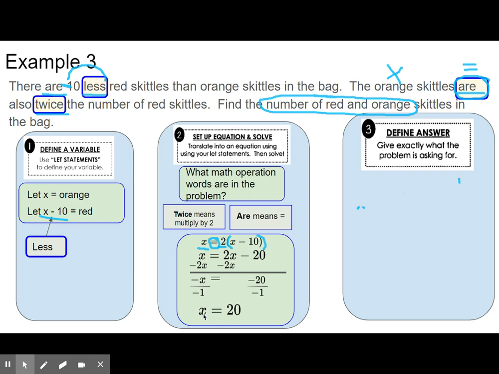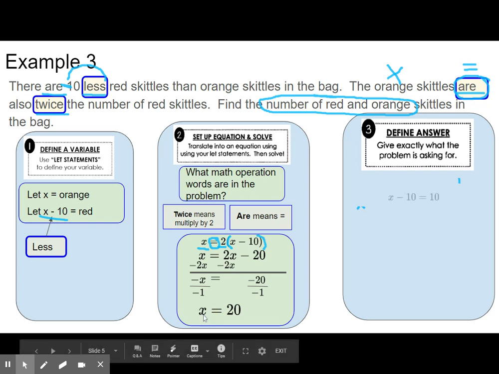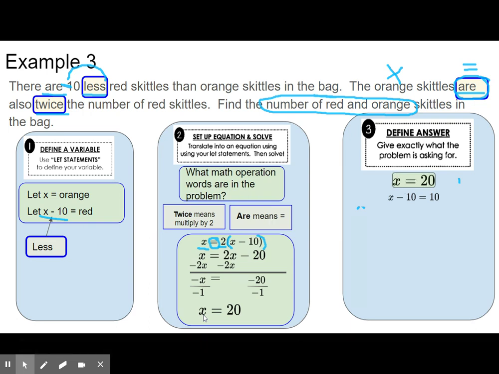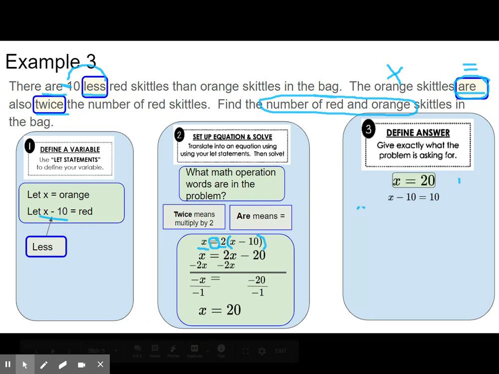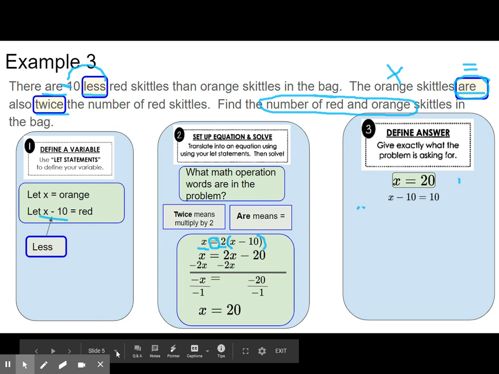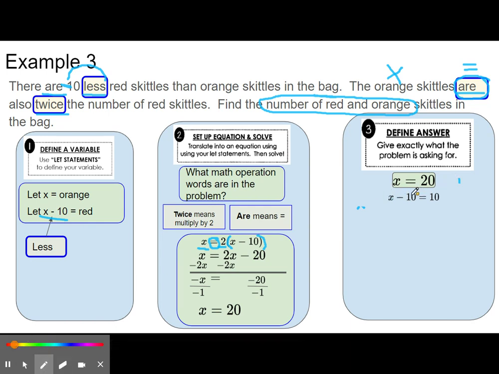Now let's see, give exactly what the problem is asking for. The problem wanted to know how many red and orange Skittles. X is 20. X was our orange Skittles. There are 20 orange Skittles. That's orange.